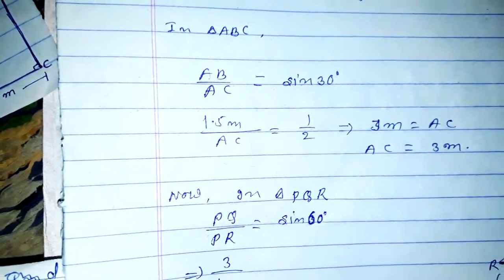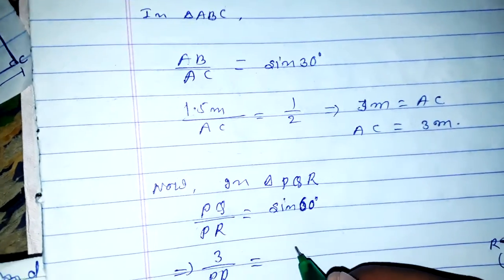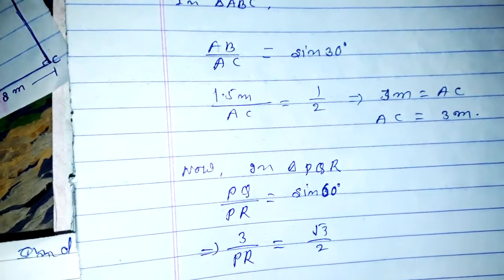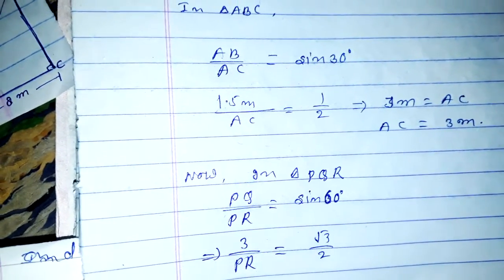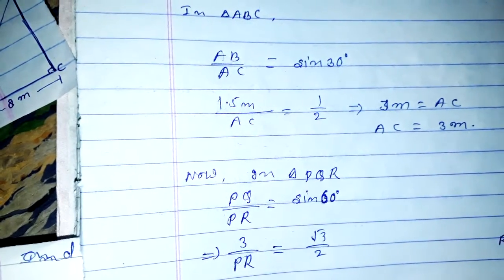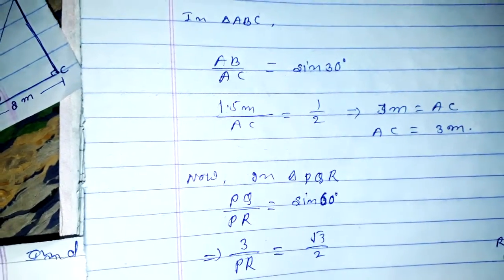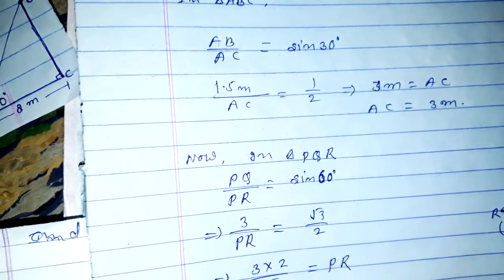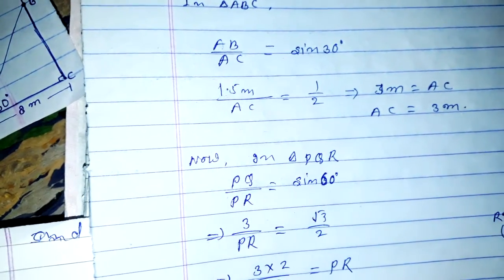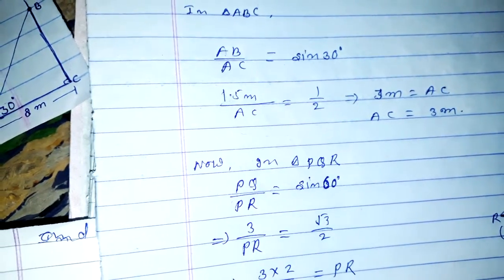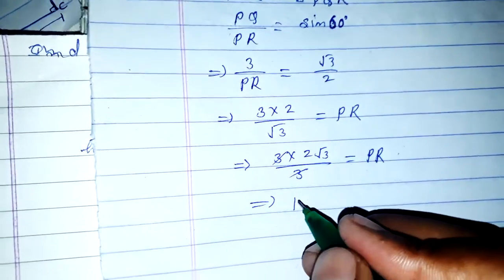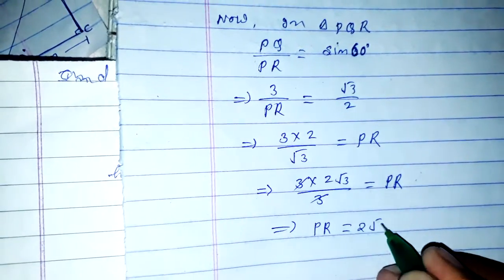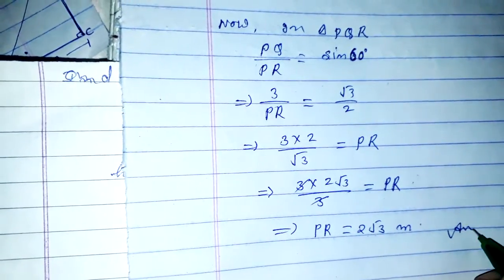PQ is 3 upon PR. Sine 60 is root 3 upon 2. Cross multiply. So 3 into 2 upon root 3 is equal to PR. Rationalize the value. So 3 into 2 root 3 upon 3, this is cancelled, so PR is equal to 2 root 3 meter. Answer.